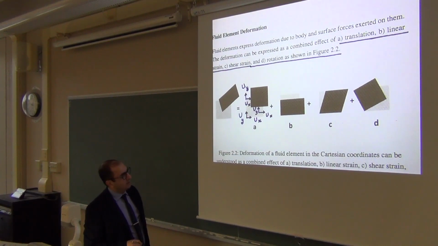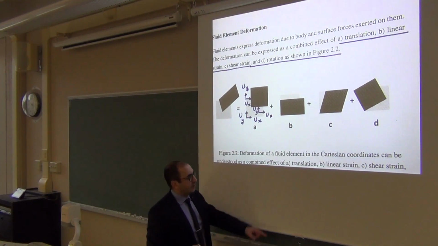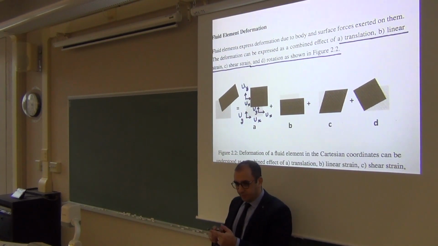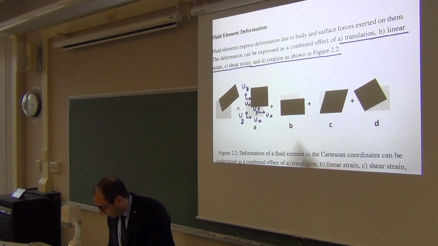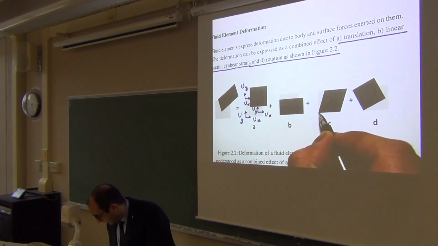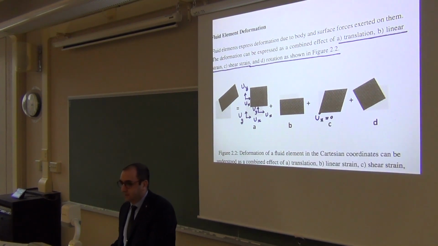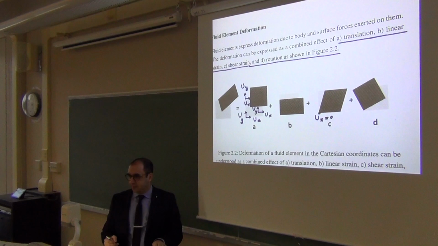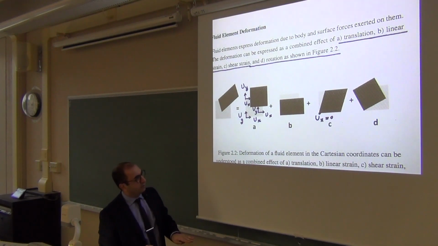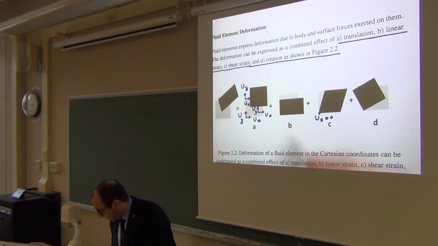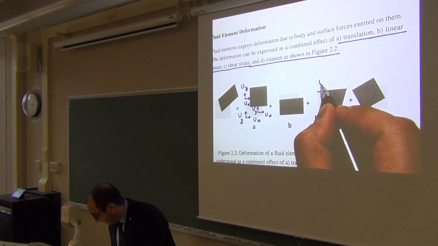But not always. I mean, if you want to shear strain a fluid element, you should apply different velocities, right? I mean, here, for example, in the x direction, ux must be 0 on this face. So the bottom surface of that control volume doesn't move, but the top surface should move with some velocity ux.